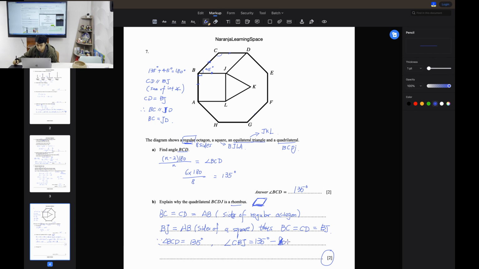ABJ is 90, so it equals 45, and angle BCD plus angle CBJ equals 180.